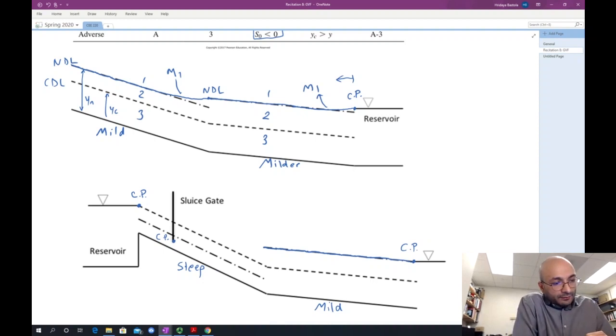So starting from the control point upstream at the inlet, water will approach the normal depth line at a small angle. It looks something like that. But since there is a sluice gate, it will cause the water to back up.